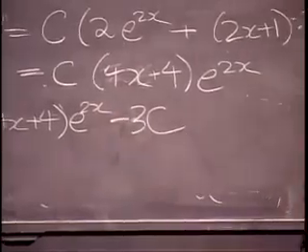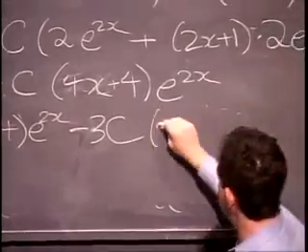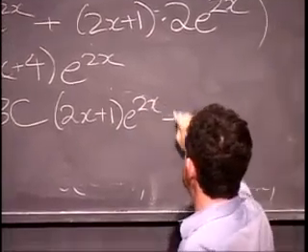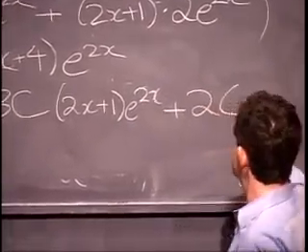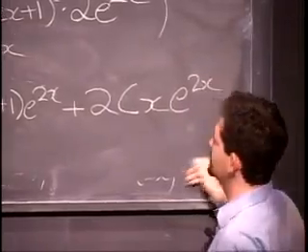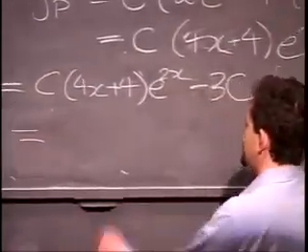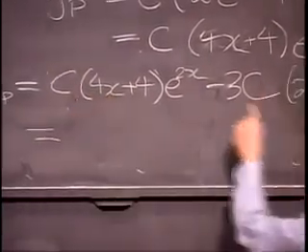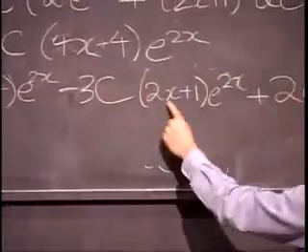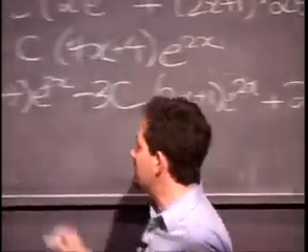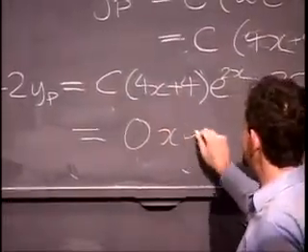So it's minus 3c (2x plus 1) e to the 2x, plus 2 times the thing itself, cx e to the 2x. And now let's simplify this. In terms of x, we have a 4c here, minus a 6c, plus a 2c. And the x goes away.